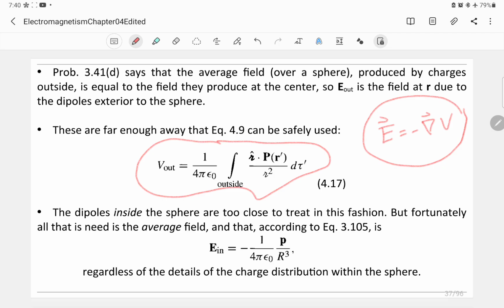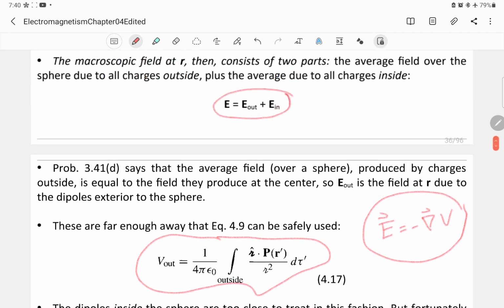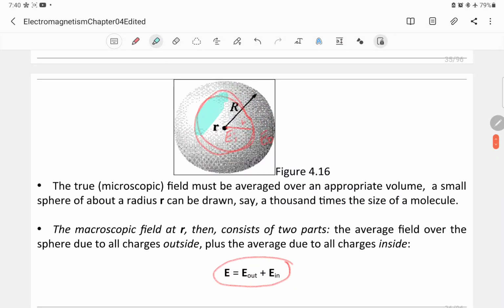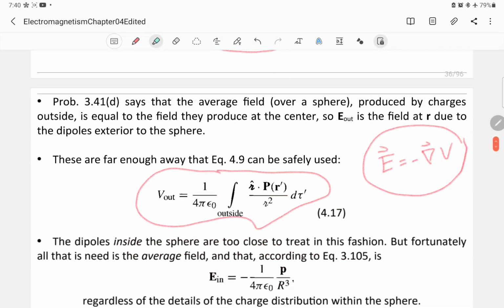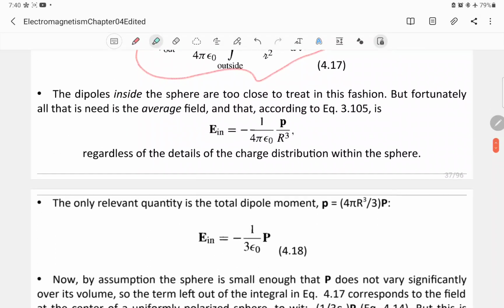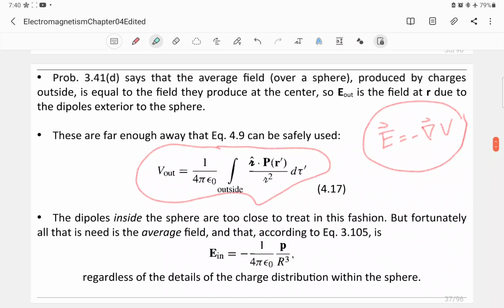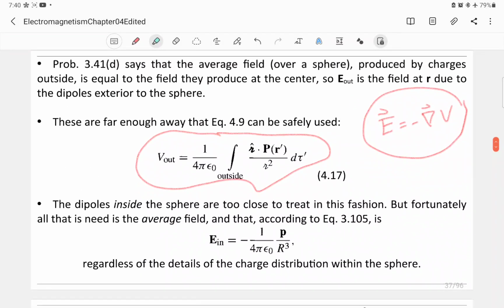Now for the inside of the sphere in this area, you will have an average electric field. And if you go back to the discussion in chapter 3, the electric field there would be equal to this, regardless of the charge distribution within the sphere.